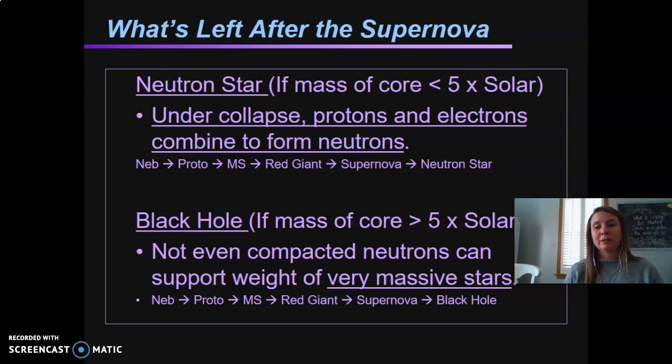And then Stephen Hawking is the one who did all the math behind it and said, I can mathematically prove that there's one here, here, here. These are really massive objects, and they have so much mass that they can hold things together so that they can even not let light escape. So that's where this is saying a very massive star is going to implode and create this black hole. So we've gone from nebula, protostar, main sequence, red giant, supernova, black hole.